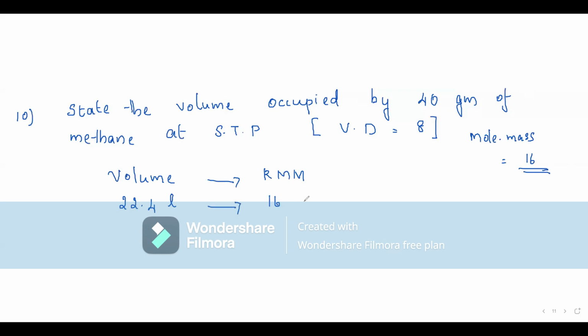This will be 16 grams, and therefore X liter will have 40 grams. So X is calculated as 22.4 into 40 divided by 16, which is 56 liters.